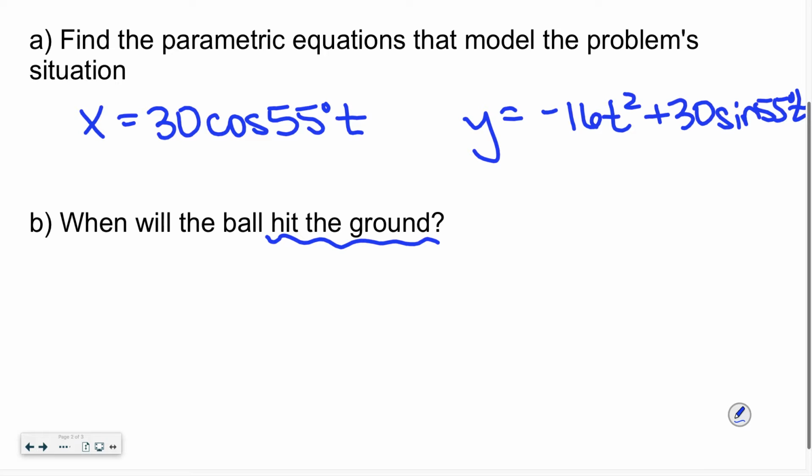But what's always true about the ground? It's at 0. Its height is at 0, okay? So when I ask you for it hitting the ground, we're talking about a height, okay? So we're going to take our y equation, and we are going to set our y equation equal to 0.